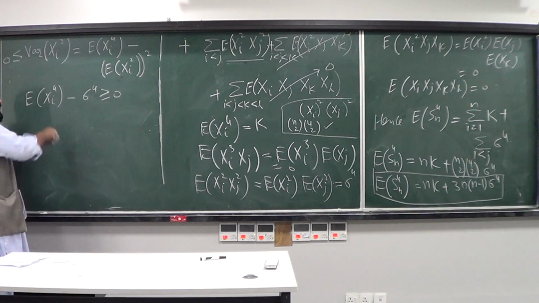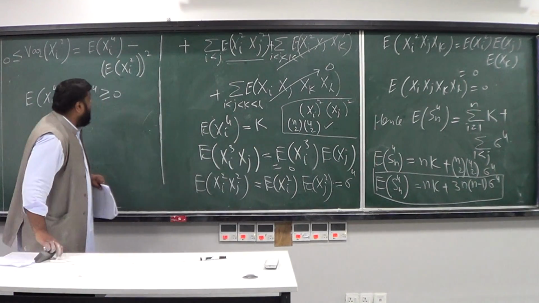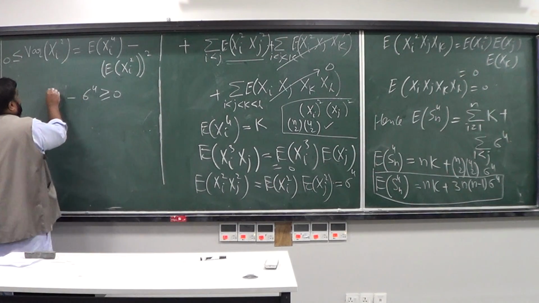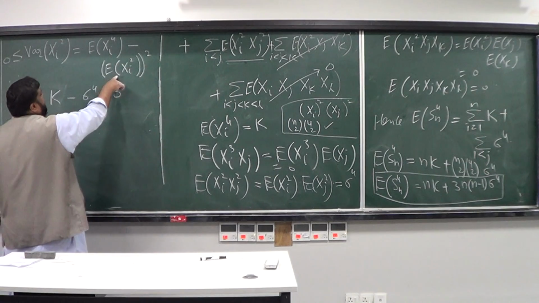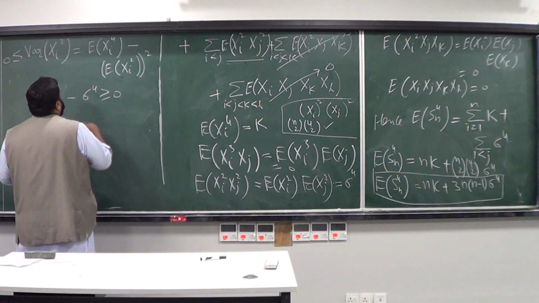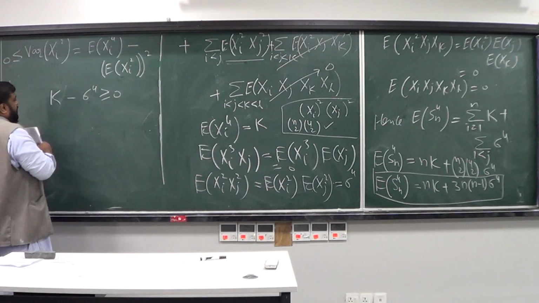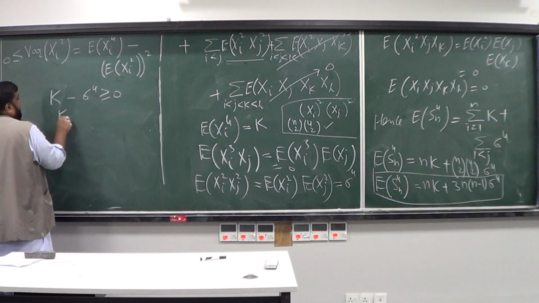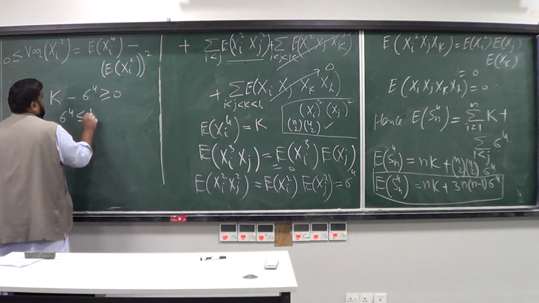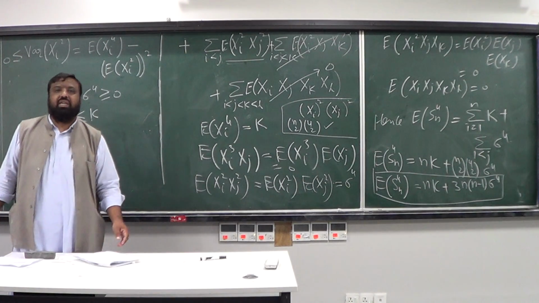And we also have the assumption that the expectation of xi to the power 4 is equal to k. So I substituted k here and sigma to the power 4 here. Since this is equal to the variance, it must be non-negative. So this shows that sigma to the power 4 is less than or equal to k. I can estimate sigma to the power 4 by k.